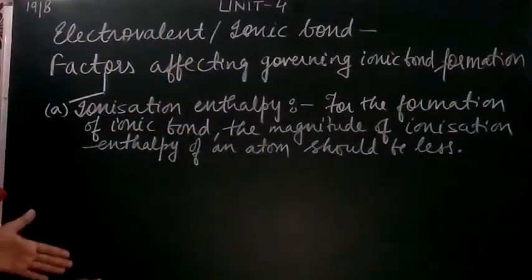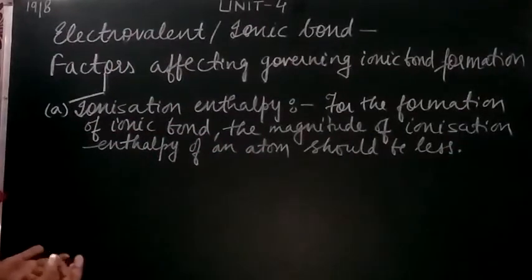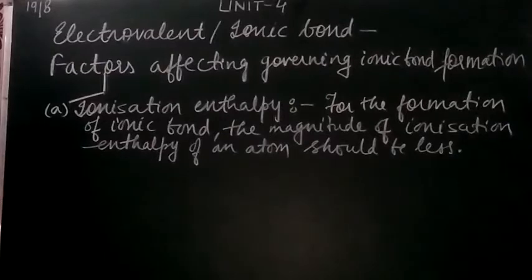If the ionization enthalpy is less, the atom will lose the electron more smoothly and get changed into a gaseous cation, right?